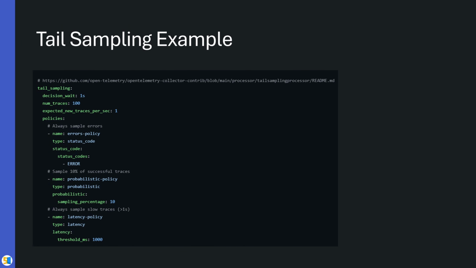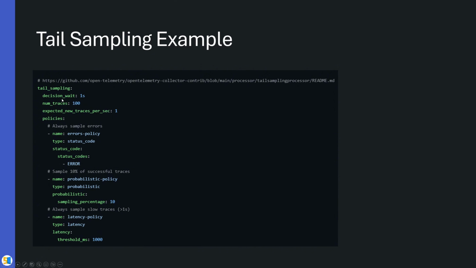So for example, if you want to add tail sampling, here we can use the tail sampling processor, right? There are a few configurations that we can use, not all of which I use here.